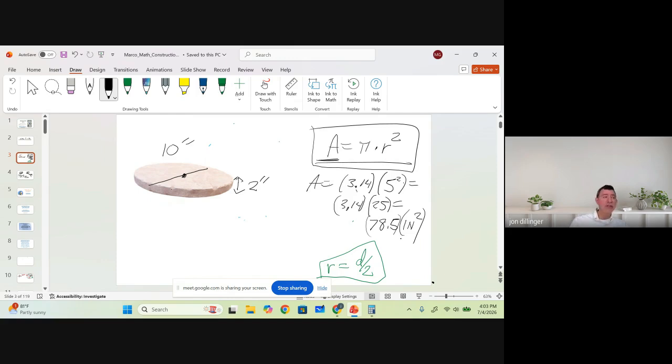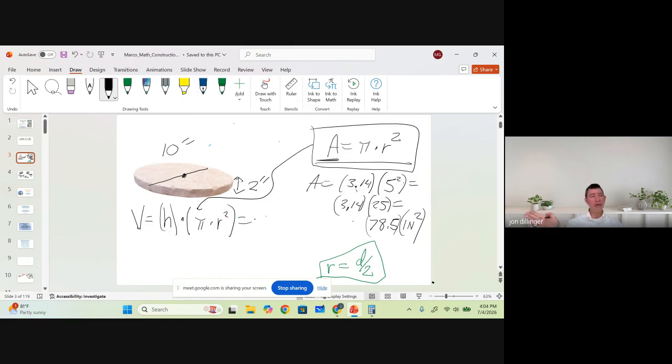Now you have to include the 2 inches to get the volume. So now all you do is this. Volume is equal to the height, and then just bring this over here, so you multiply it by pi times r squared, like that.